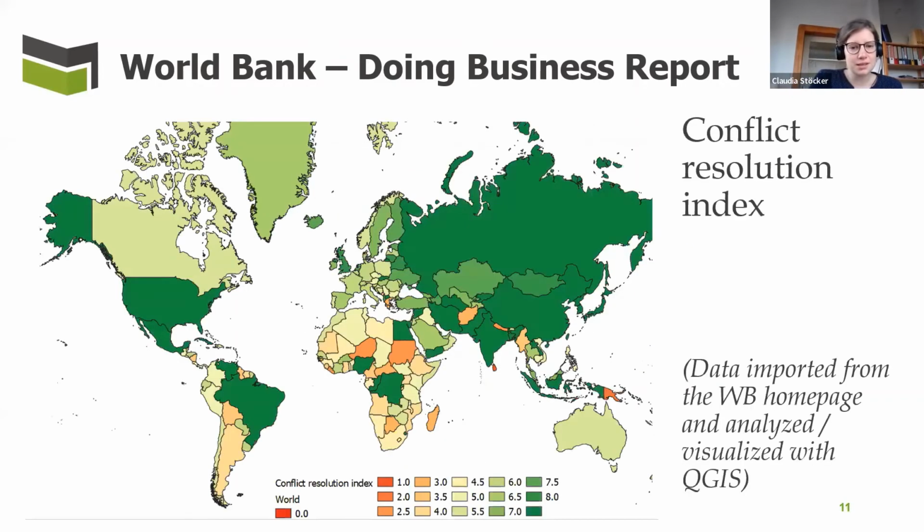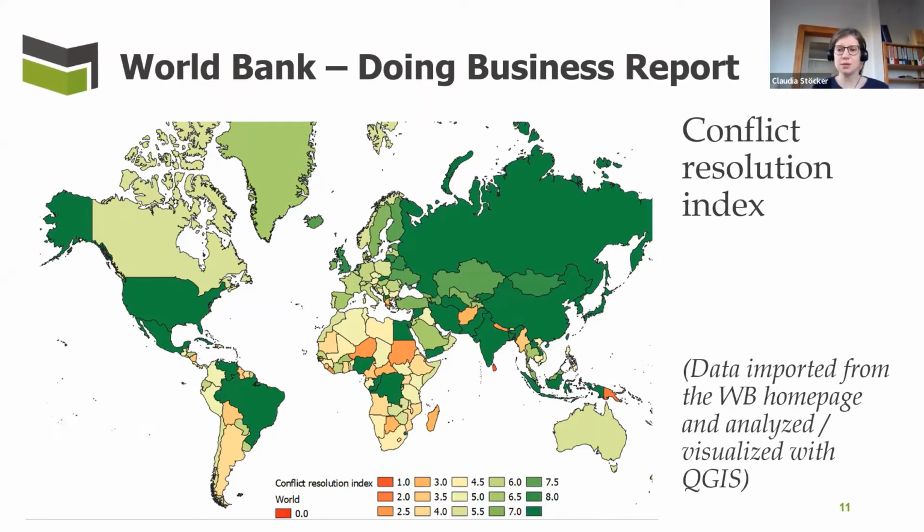Another example, more in a spatial representation of the data, is here the conflict resolution index, which is again a country level index, with a score from 0 to 8, as shown here in the legend below, whereas 0 is very poor and 8 is the highest number.